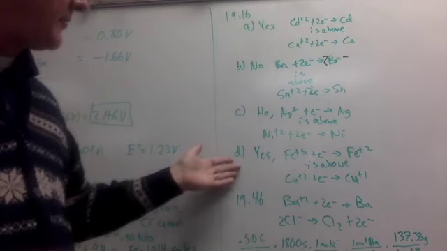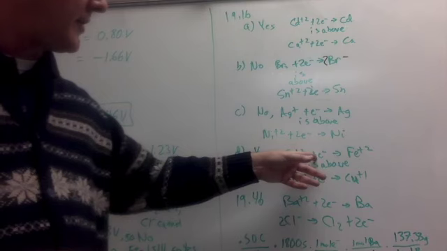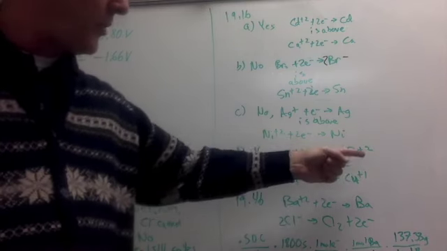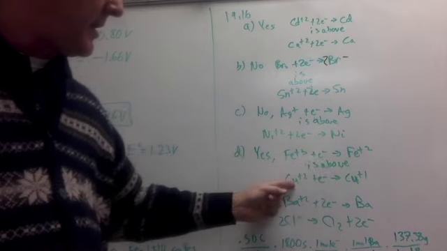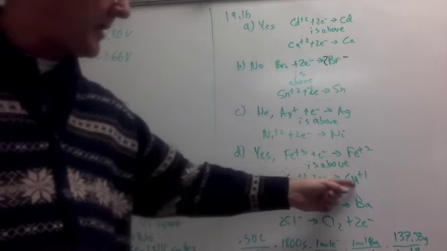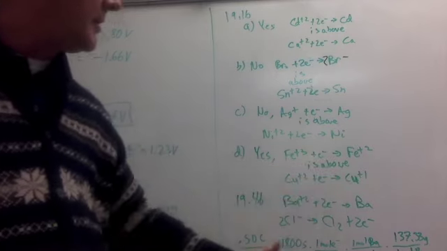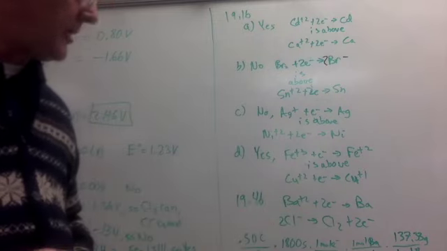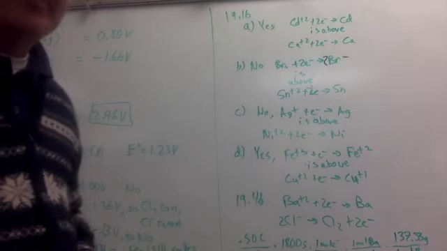But D does because Fe plus 3 plus electron makes Fe plus 2. That reaction would run in the forward direction because it is above copper plus 2 plus electron making copper plus 1, which would flip. So that would be a proper reaction. That would be thermodynamically favorable.